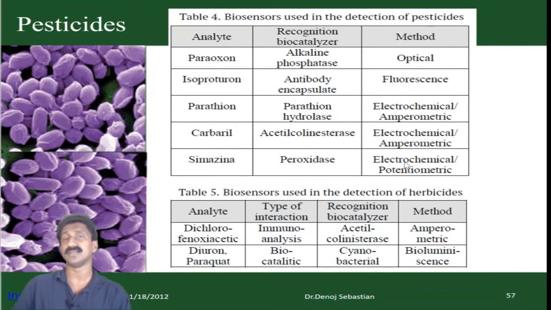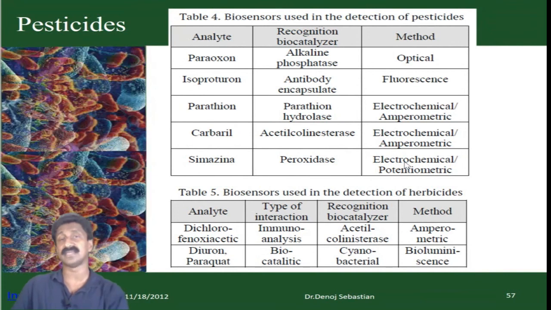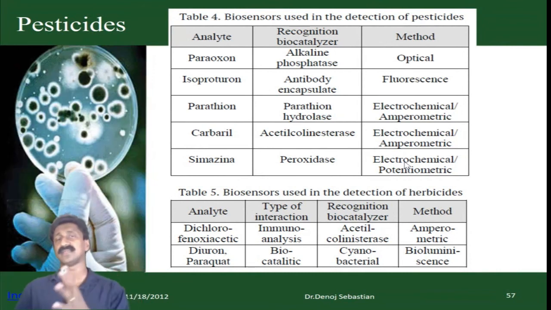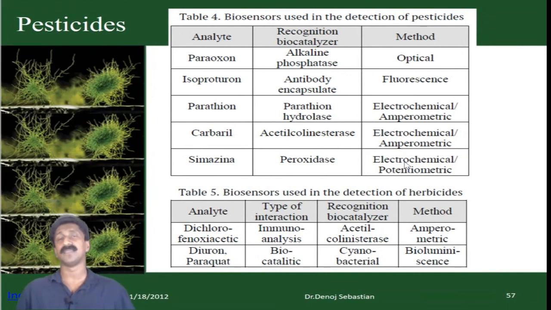The biocatalyst is acetylcholinesterase for the first, and cyanobacterial enzymes are used in the second detection system. So the combination of the analyte and their interaction or biological component is mentioned there, and the detection system employed is also marked in the table. So this is about biosensors for the detection of environmental samples.